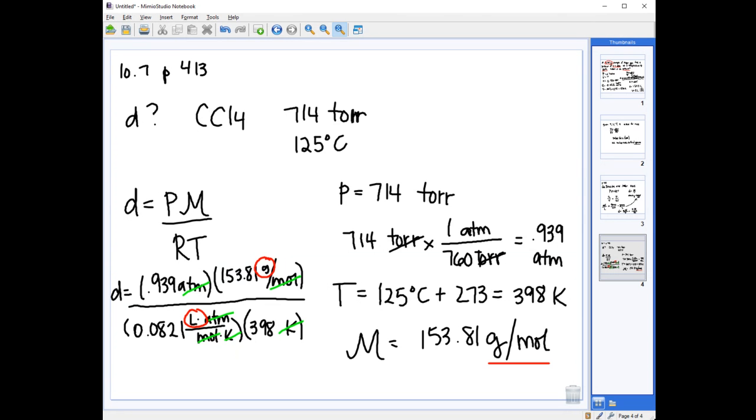I got 4.42. So my density, 4.42. And I'm going to leave it in 3 significant digits because of the numbers that I was given in my problem. And my unit here is going to be grams per liter.